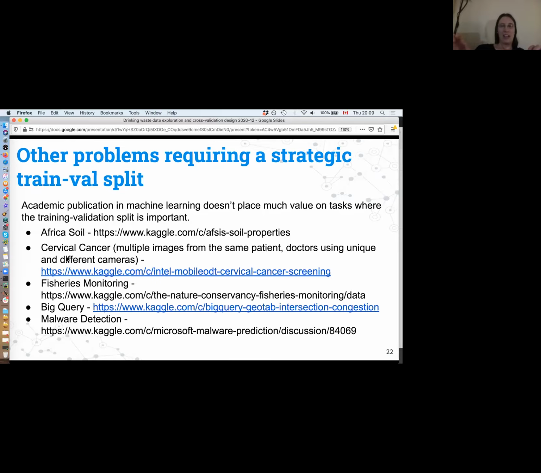And it turned out that you could tell, every doctor had a different phone, and every doctor's phone had a slightly different aspect ratio. So basically the phone was telling you who the doctor was, and once you knew who the doctor was, that told you what patient population they served. So you could make a model that predicted what tissue type you were looking at just based on the aspect ratio of the image. And you don't want to do that.